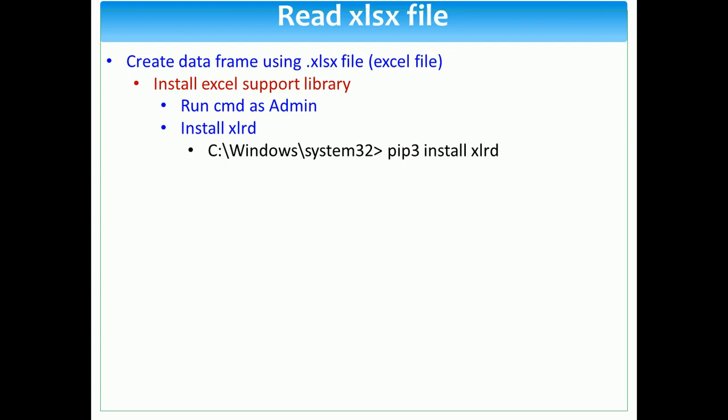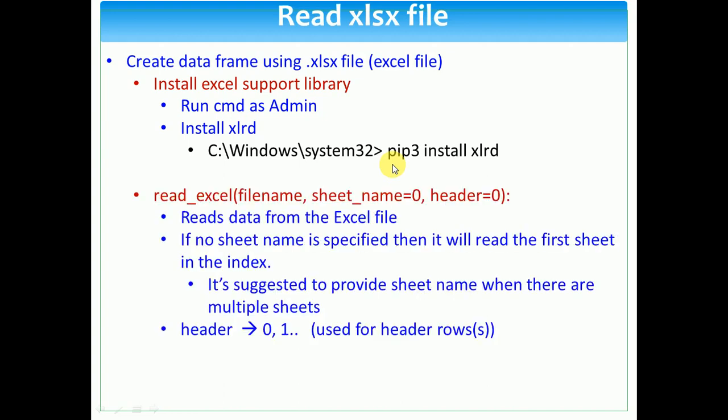Then you install a library called xlrd. So how do you do that? You issue the instruction pip install xlrd. When you do this, the library will get installed, and using that you can start interacting with an Excel file.